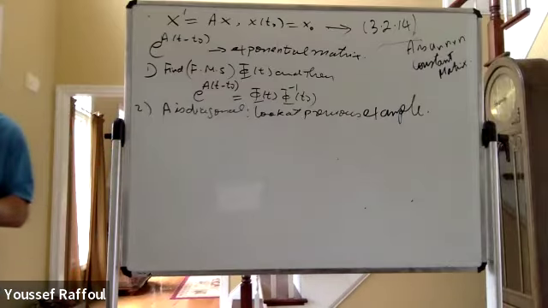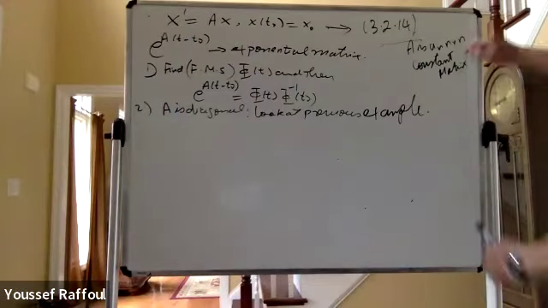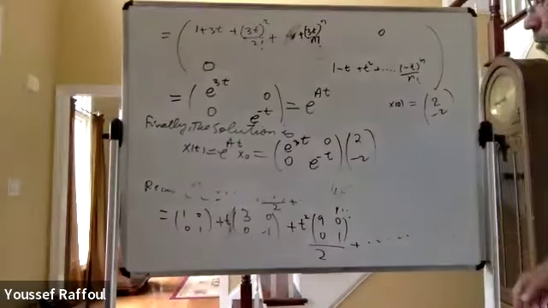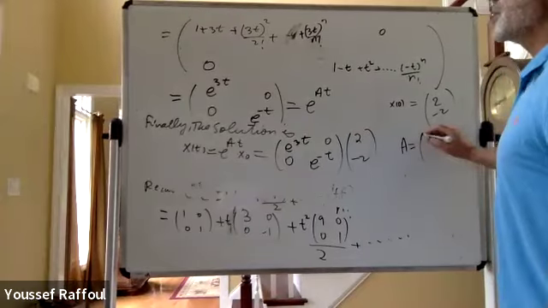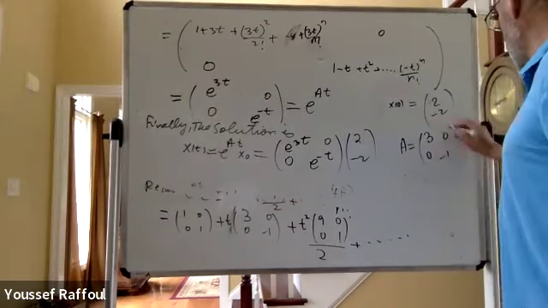Any questions? The example I'm referring to is the one where A was 3, 0, 0, minus 1.